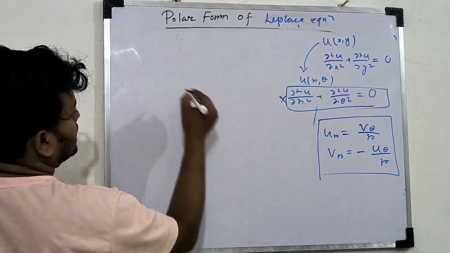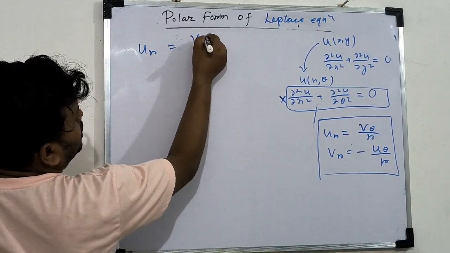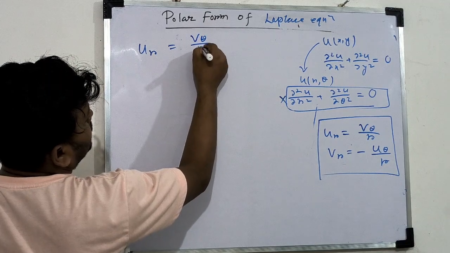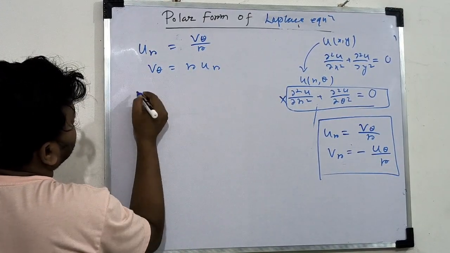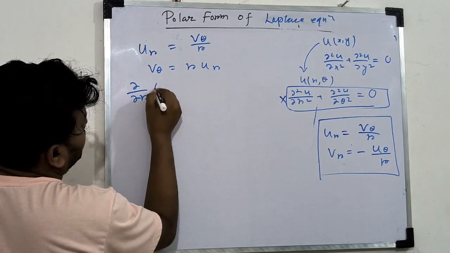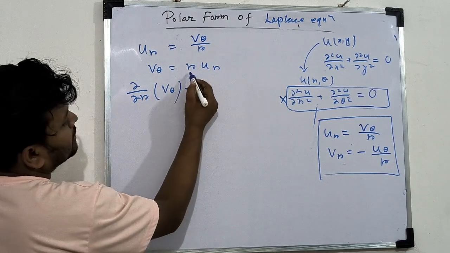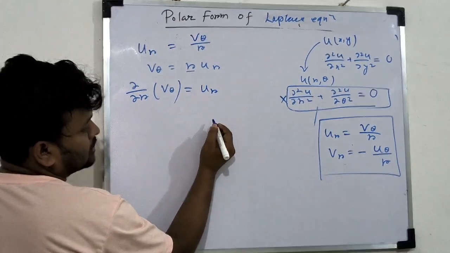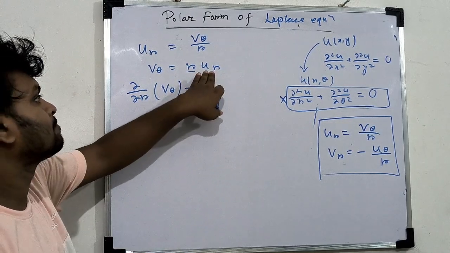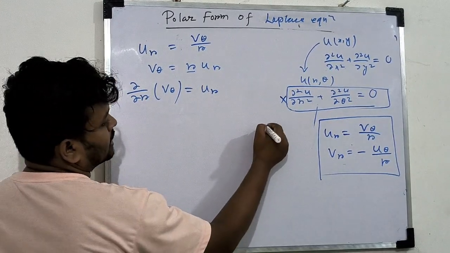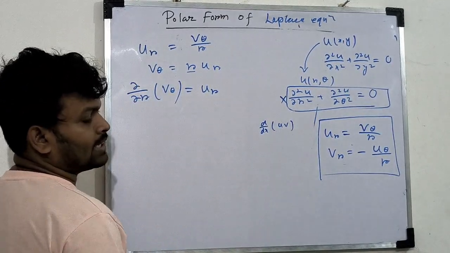For that, we take the first equation of the CR equations, that is u r equal to v theta by r. Therefore v theta equal to r into u r. Just take the derivative with respect to r of v theta. We apply the derivative of a product of functions, d by dx of u into v, where u and v are both functions of x.